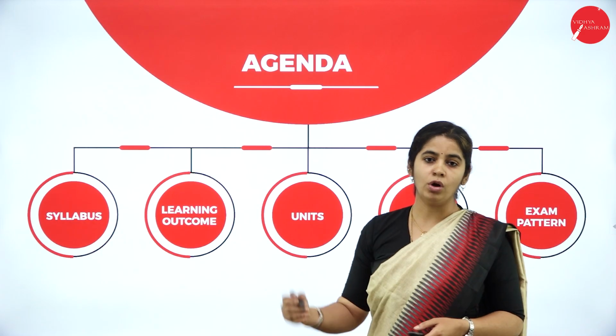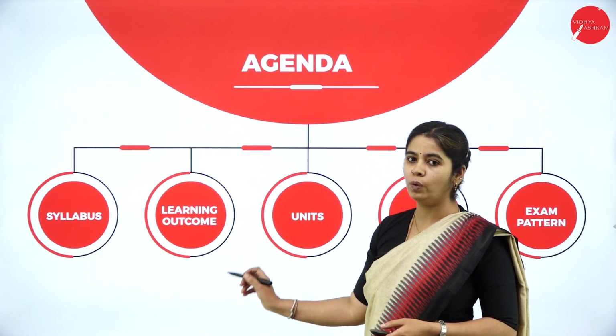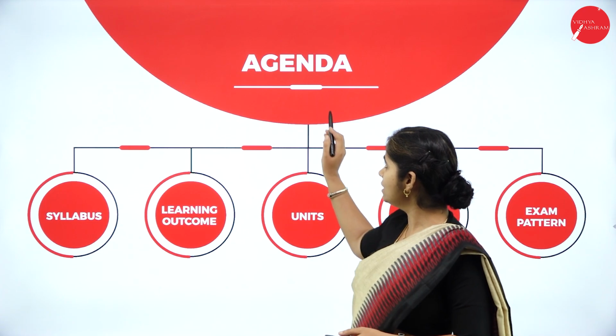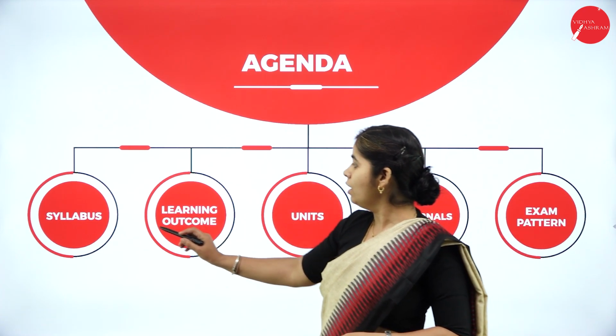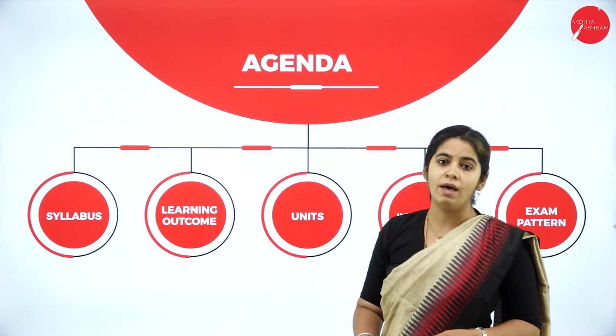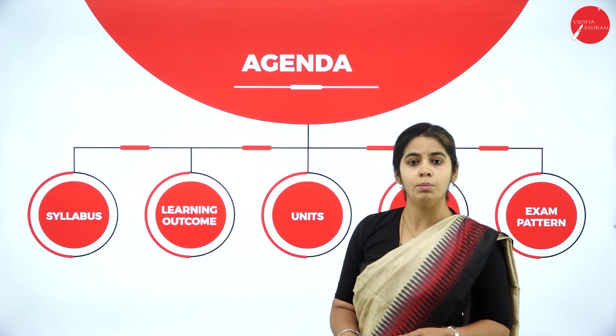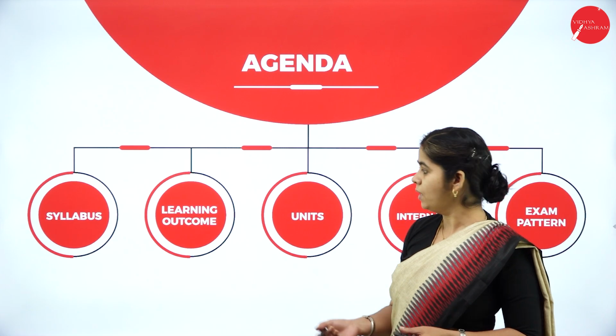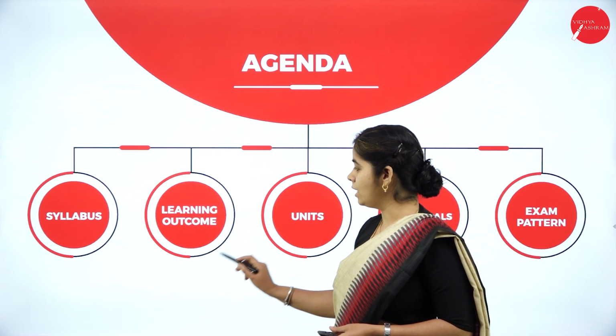So let's see what we are going to discuss in today's session. This is the agenda of today's session. First, we are going to discuss the syllabus: what all you have in your syllabus to study about the database management system. Then what would be the learning outcome?